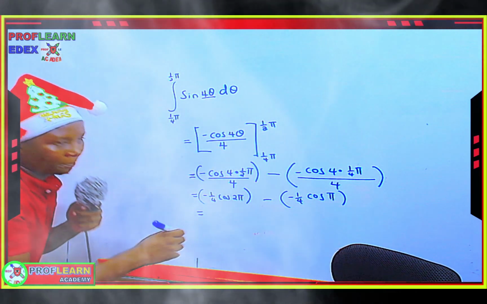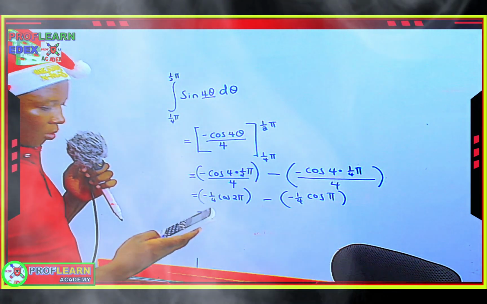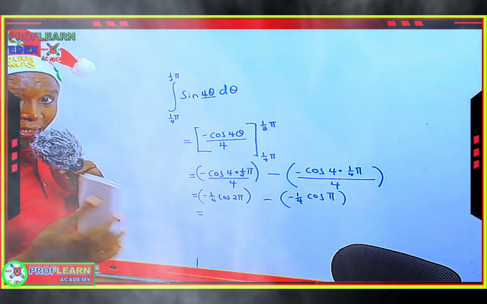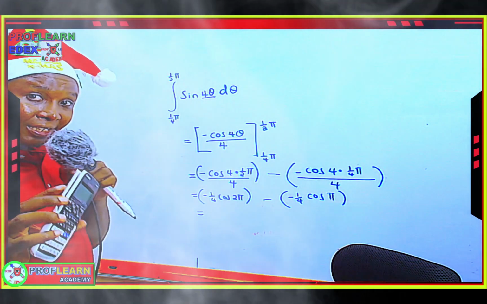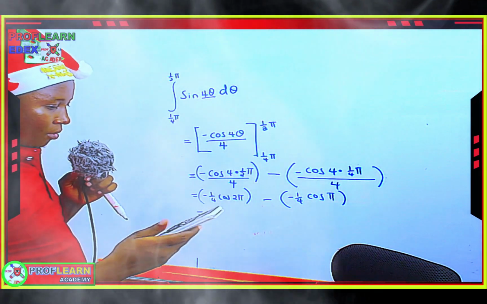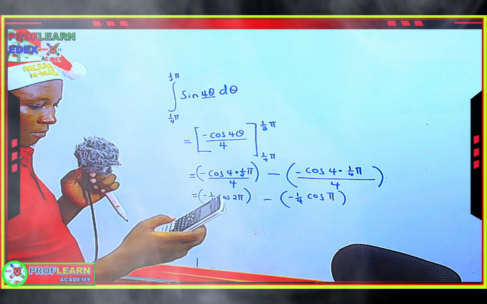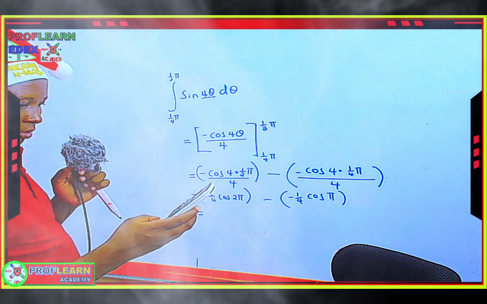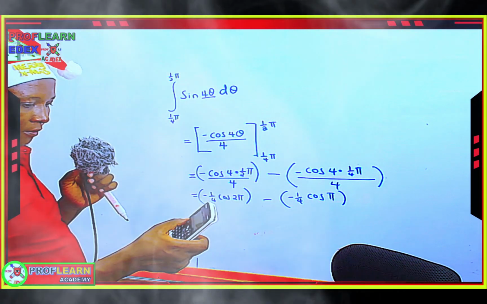Now you can put this in the calculator so that you can check the answer you will get. And I've just reminded you that whenever you are doing calculus, you ensure that your calculator is in radians, not in degrees. So we shall say negative 1 over 4 cos 2 pi.